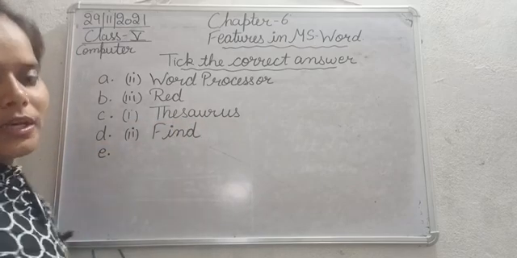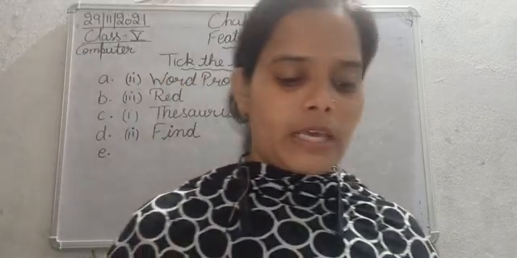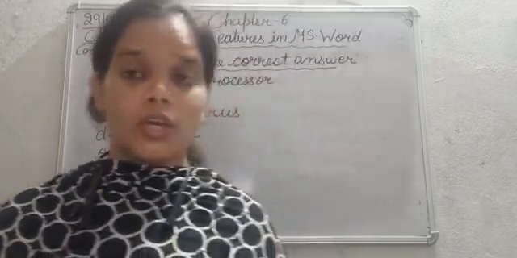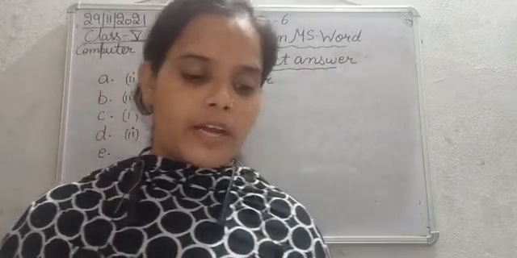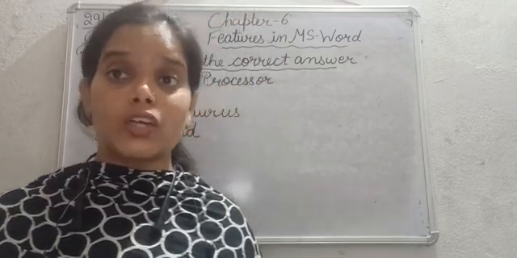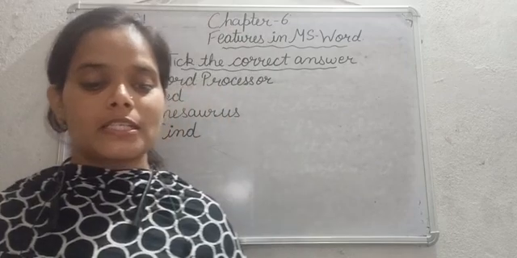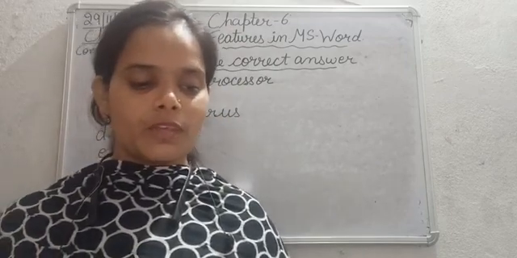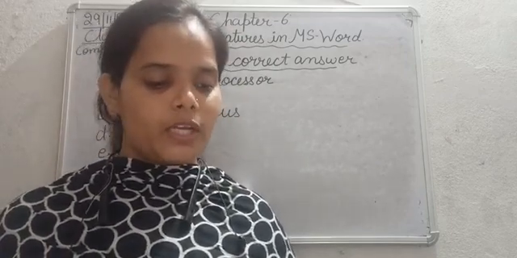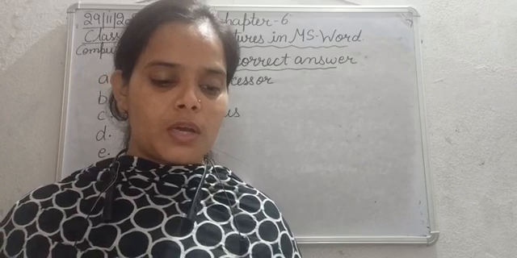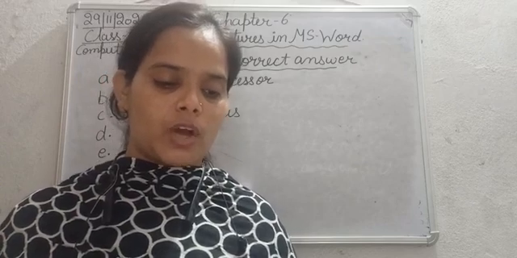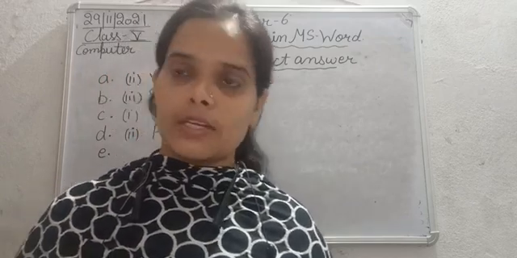Moving next to the E1. It consists of a grid of boxes arranged in rows and columns. So what is it? That is table.